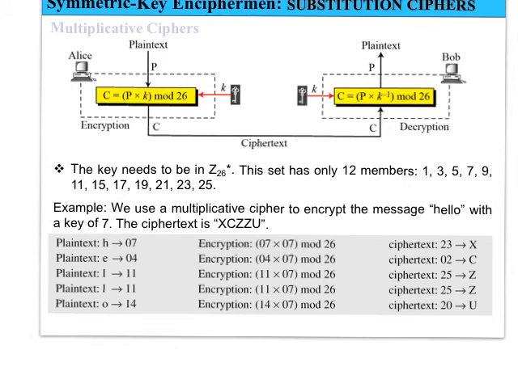And so on. 4 times 7 is 28, modulus 26, that's 2. And 2 corresponds to C, because we start from 0. So if we take the same key and try the additive or the multiplicative cipher, the cipher text will be different.